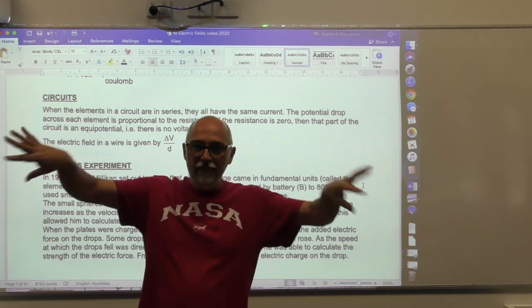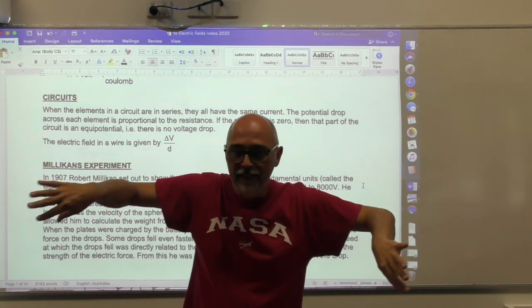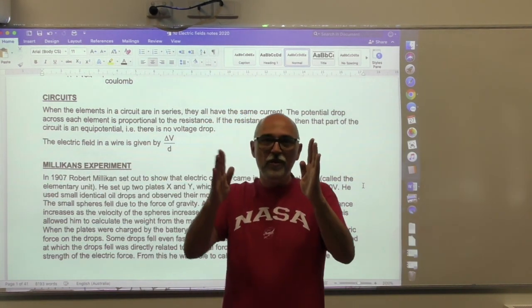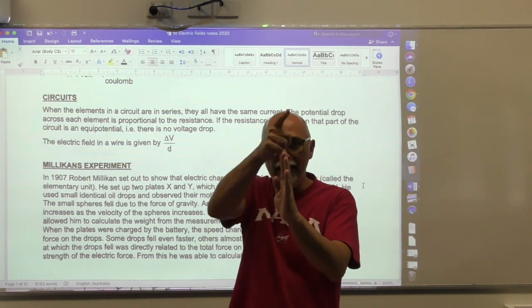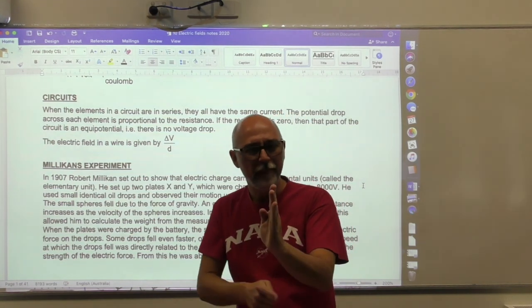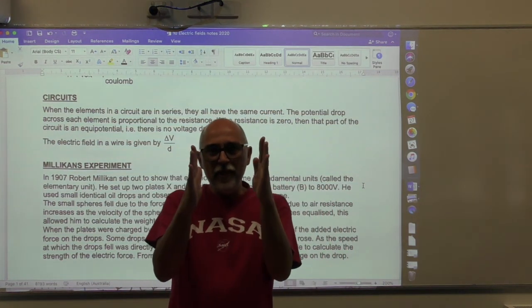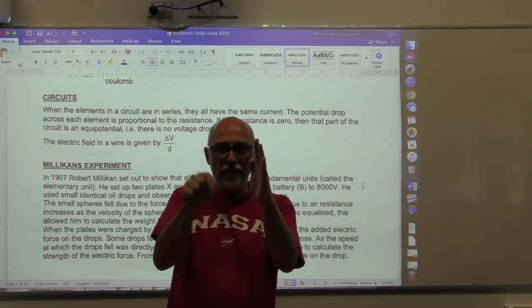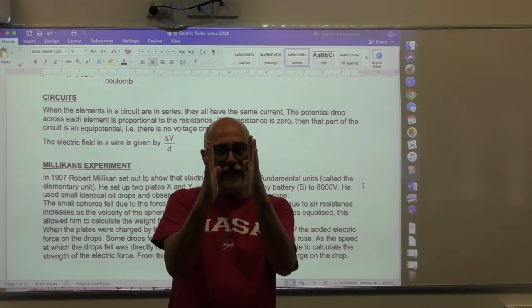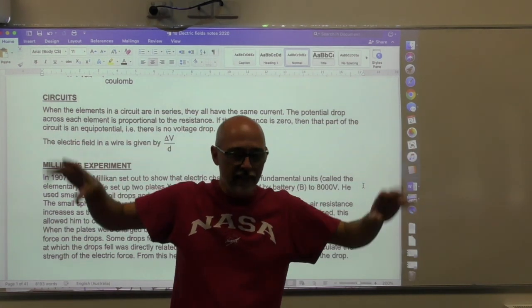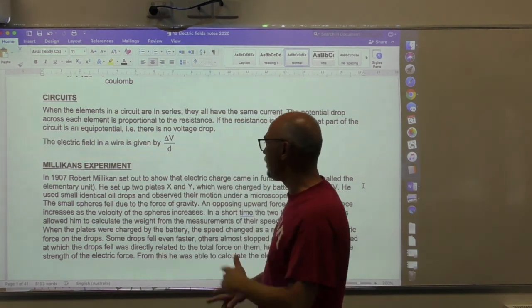Well, they actually do have field extending the other way as well, because it's basically 2 separate fields, as though each plate is like a wire, so it has a field extending in both directions. But when we do these questions, we concentrate on the field in between the 2 plates, not worrying about what's happening on the outside. So don't get confused by that.